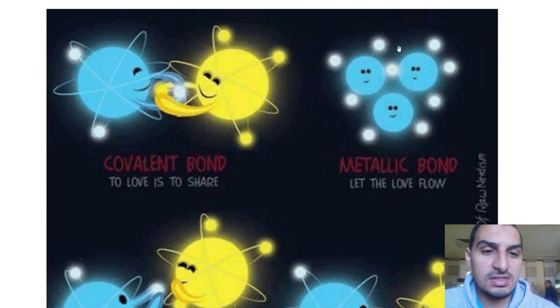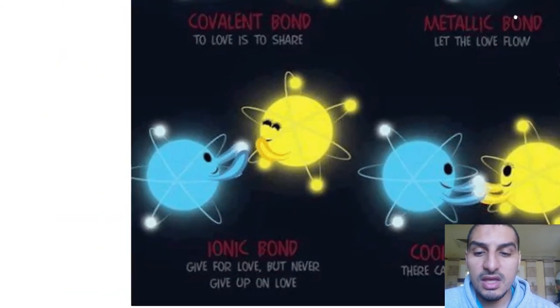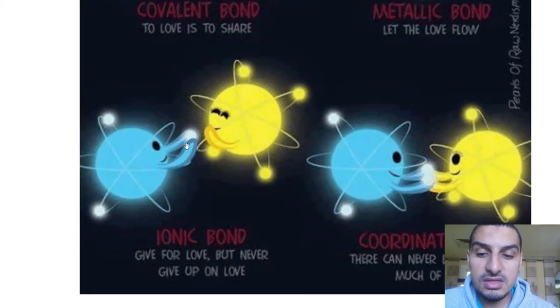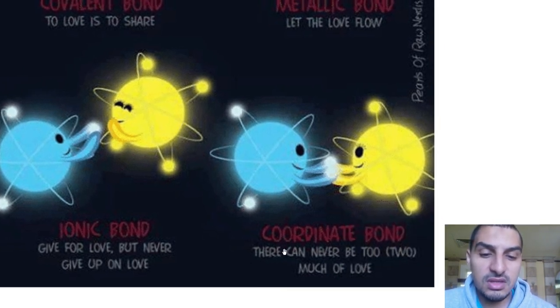So the love is flowing between the atoms. And you see here they're all of the same type. For the ionic bond, it is give for love, but never give up on love. It's giving the electron to the other atom. And for the coordinate bond, there can never be too much love. It says 2 instead of 1 anyway. So these 2 electrons are originally from the blue atom, not from the yellow one.